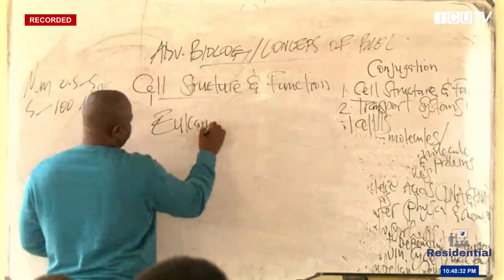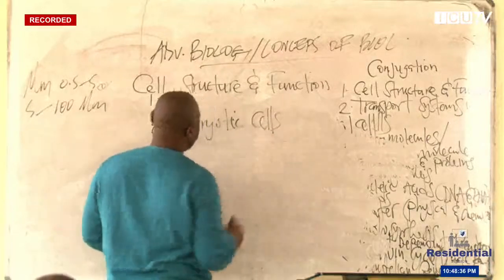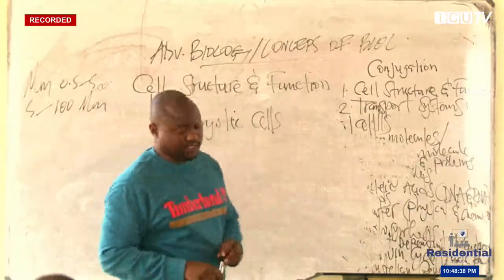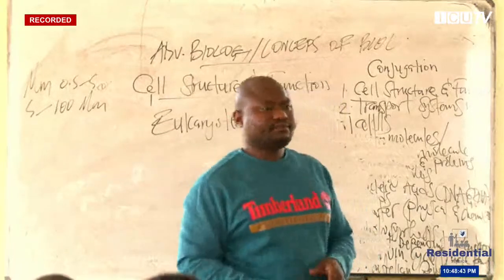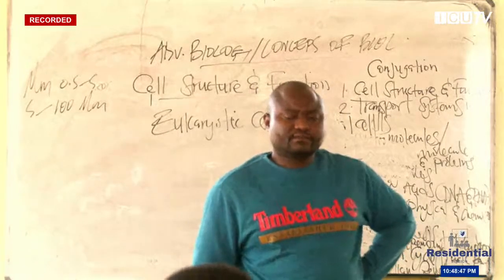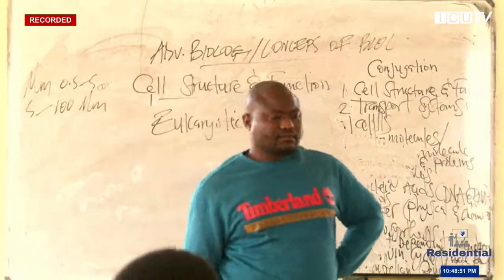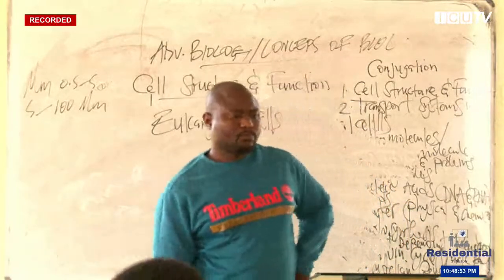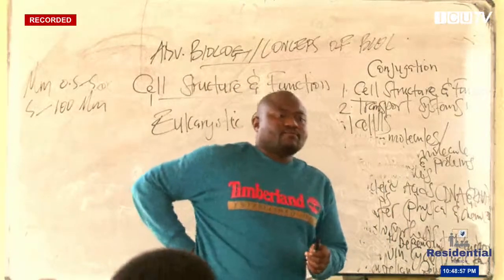Okay? So let us define what eukaryotic cells are. Who can define what a eukaryotic cell is? Yes, try to define it. It is a cell that has a membrane-bound nucleus and other membrane-bound compartments.